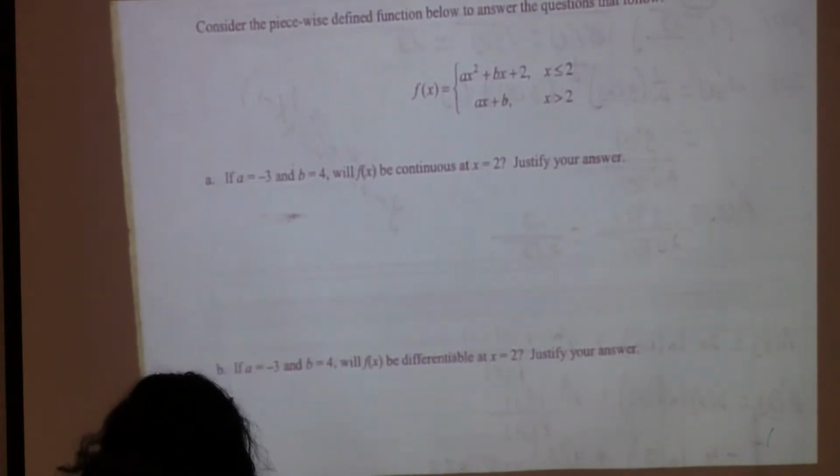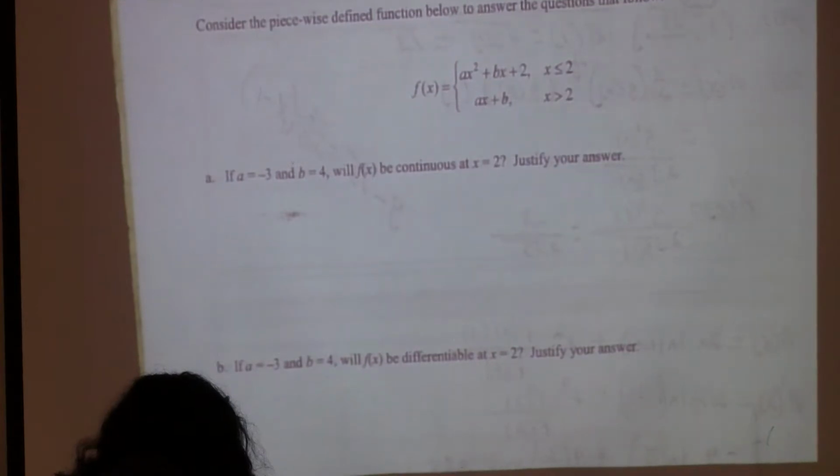The first one says if A is equal to -3 and B is equal to 4, will f of x be continuous at x equals 2? Before I get started, I want to replace A and B with what they want me to.